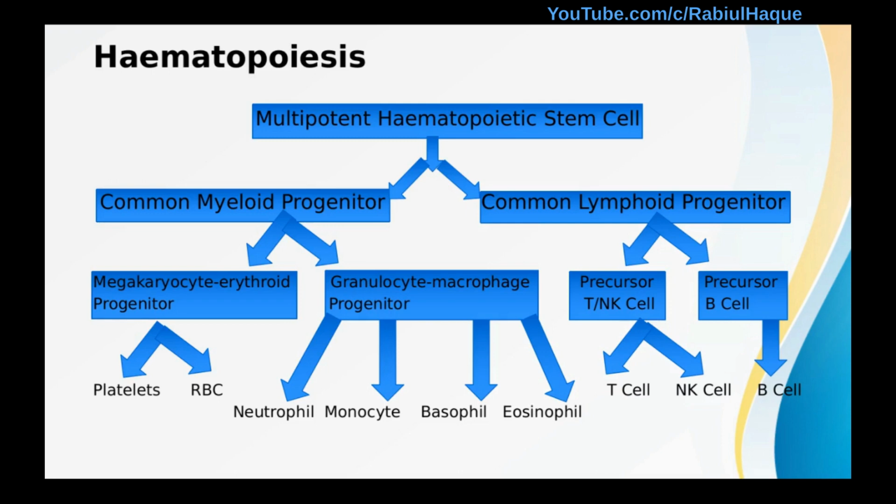And then we can see that from the megakaryocyte erythroid progenitors, we will ultimately get platelets and red blood cells, and from the granulocyte macrophage progenitors, we will get the granulocytes like neutrophil, basophil, eosinophil, and also monocyte that will be further differentiated to make macrophages. And from the precursor T or natural killer cell, we will get T cells and natural killer cell, and from the precursor B cell we will get B cell. And as we will see, B cells may be further differentiated into plasma cells as well.